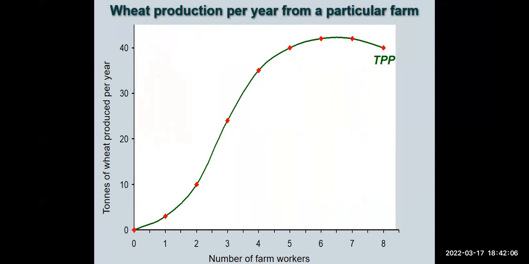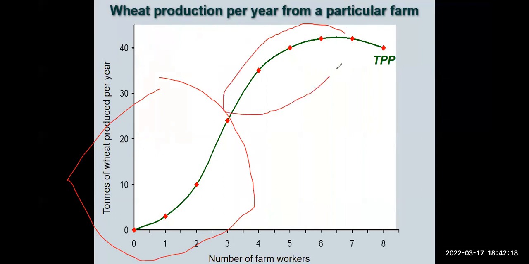Now, if you look at this curve, it has 2 components. One is this, and the other is this. Rather 3 components, and there's another third one as well, which is this. Now, what is happening at the initial bits?